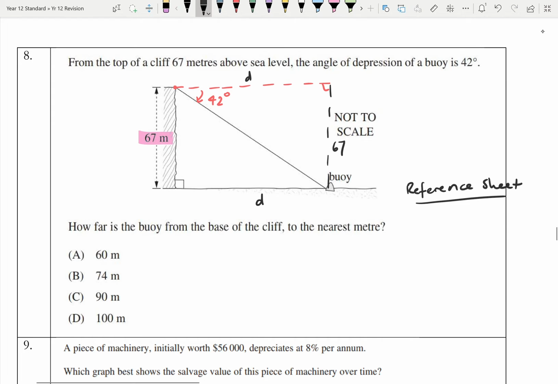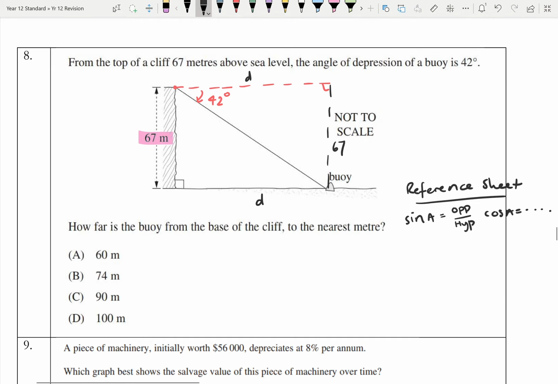It's that SOHCAHTOA. Now we don't actually have to remember SOHCAHTOA because they've actually written it on your reference sheet. I think it's in terms of A. Okay, and it says opposite over hypotenuse, and it will have that for each of the sine, cos, and tan. Okay, so you actually don't need to remember any of it because it's all there for you.